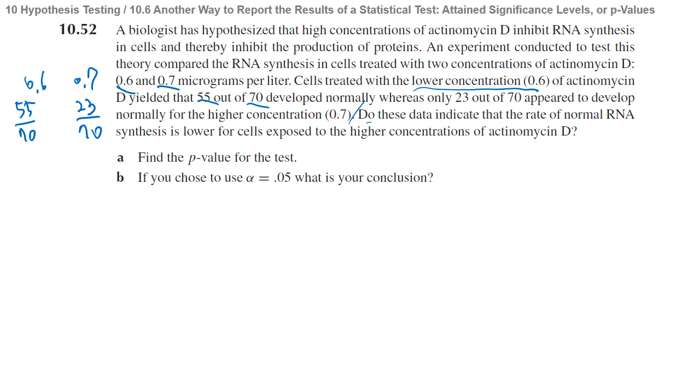Okay, so what is the hypothesis? H0 is P1 is the same as P2, and H1 is P2 is less than P1, which is the same as P1 minus P2 is greater than 0.